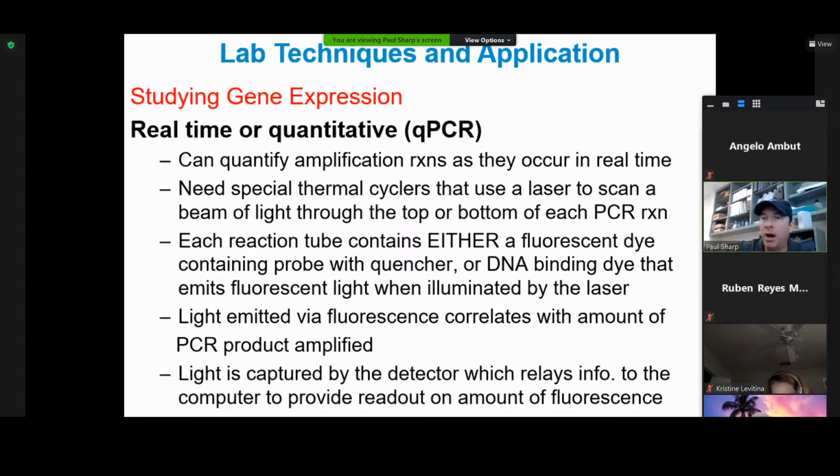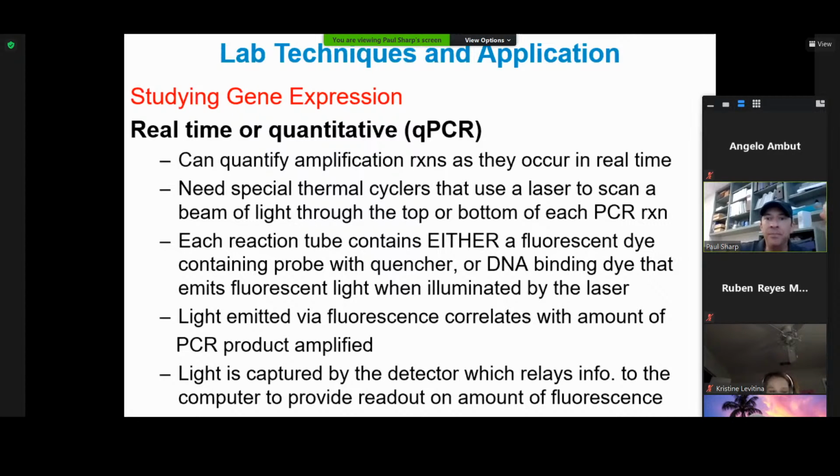These probes are very sophisticated because on one end of the probe, the 5' end, you're going to have a reporter, and on the 3' end, you're going to have a quencher. The reporter is basically a fluor that will fluoresce when you hit it with laser light. But if the fluor and the quencher are intact, meaning they haven't been separated from each other, you won't get any fluorescence. We'll see how this works on the next slide.